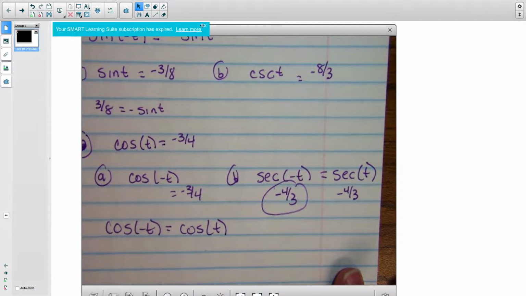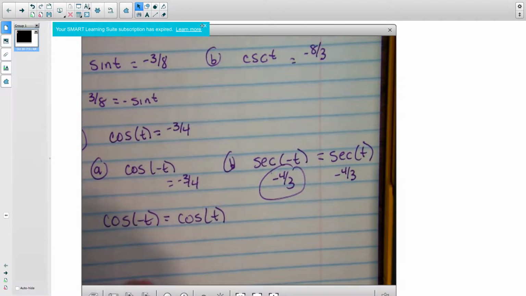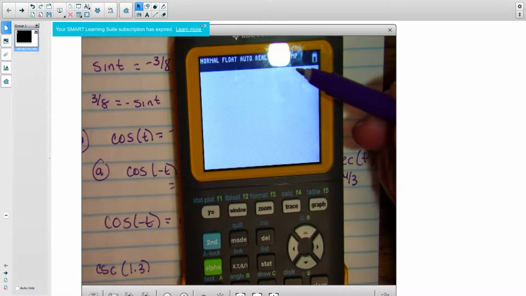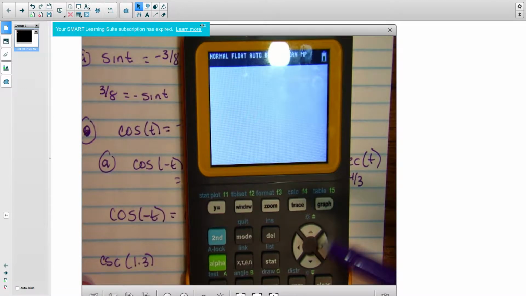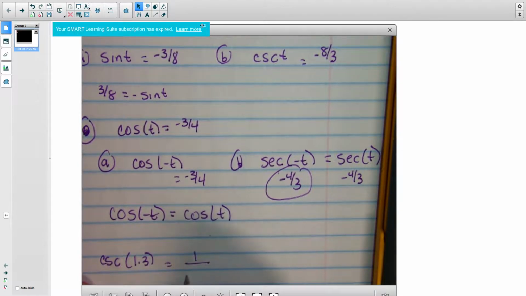You do 23. Okay, 23 is finding cosecant of 1.3. Cosecant is not on this calculator. I'm in radian mode. So cosecant is a reciprocal of what? Sine.